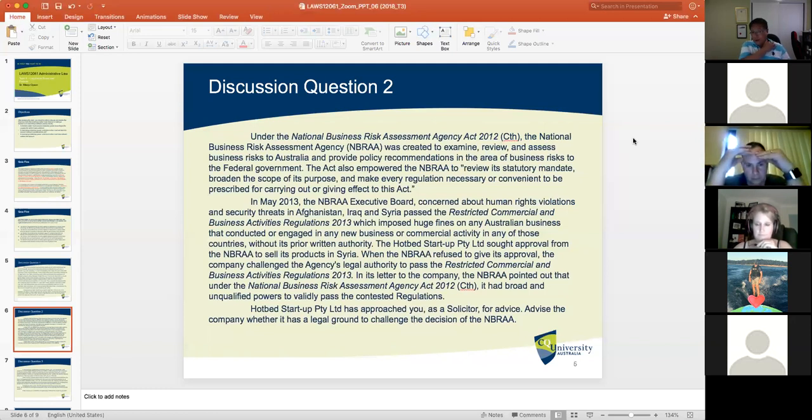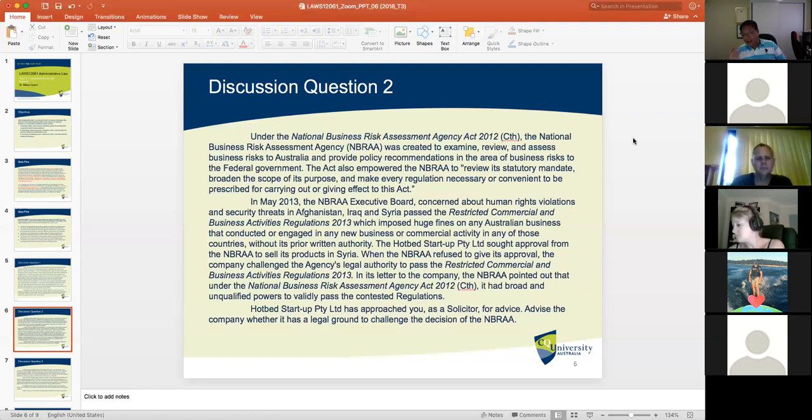Very good. So that's correct, Nicola. So if we examine A versus Hayden number 2, which we examined last week, the executive cannot just claim that it is an act done for the purpose of national security. The executive and even the parliament, as pointed out correctly by Nicholas, must still comply mainly with the Constitution.